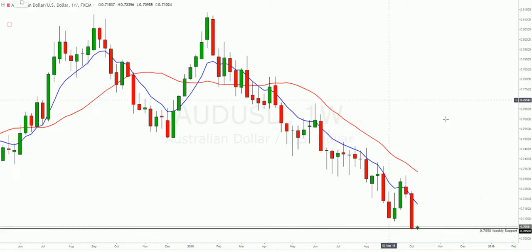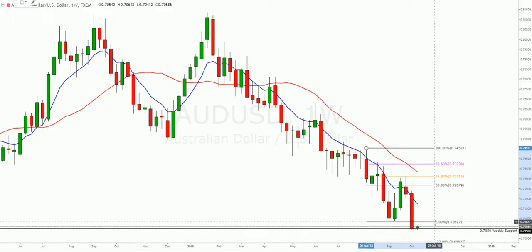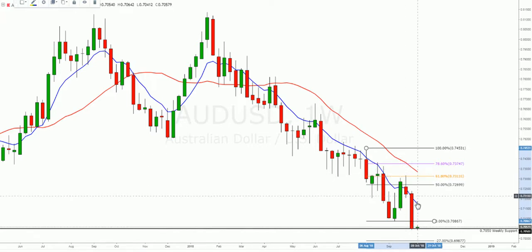If we try and get a Fibonacci tool on here, we take this high, take to this low, we can see that we do have a retracement right to that 61.8, almost pinpoint, and then prices are mounted.